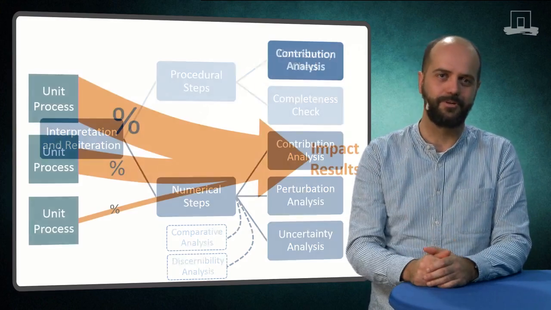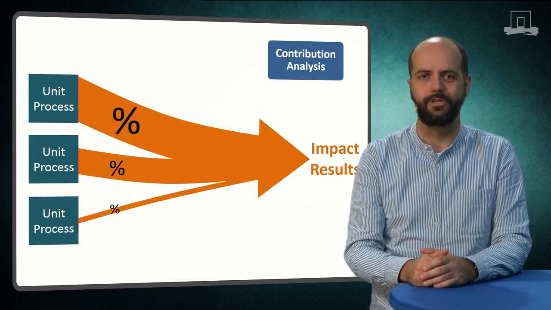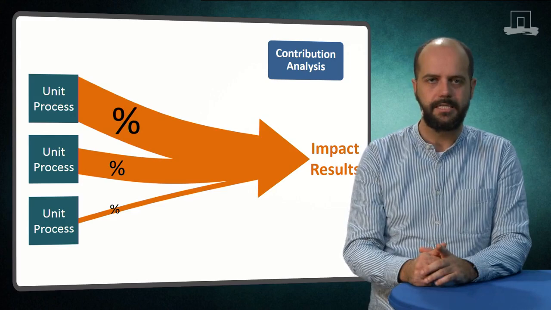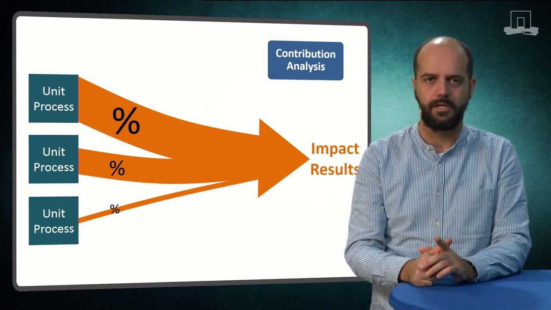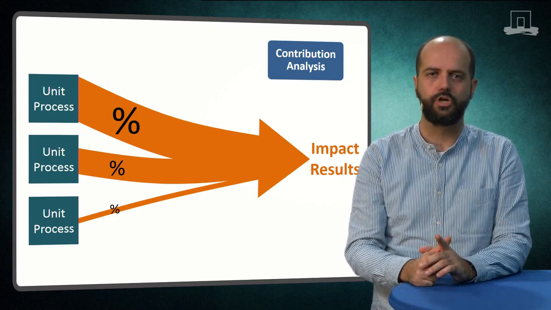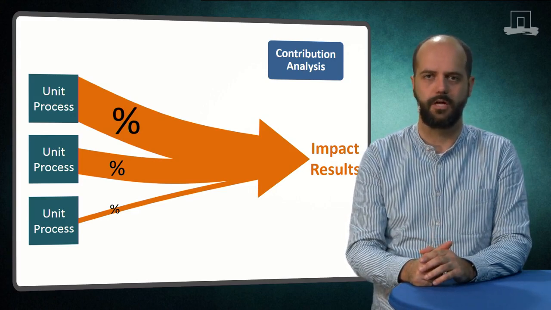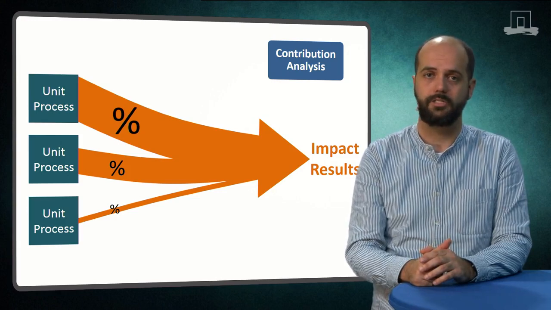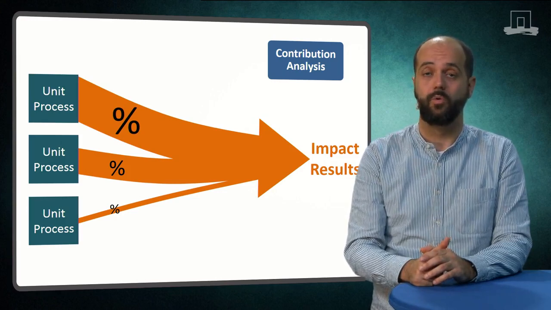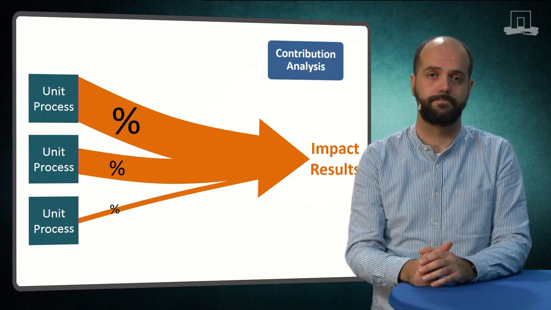Okay, so let's start with contribution analysis. Contribution analysis is also called dominance analysis. The basic idea is to identify the elements in your LCA which dominate. Contribution analysis shows us which emissions and resources contribute most to our impact assessment result. It can also tell us which unit process contributes most to our total emissions and resources used.